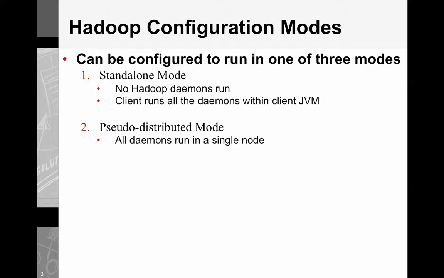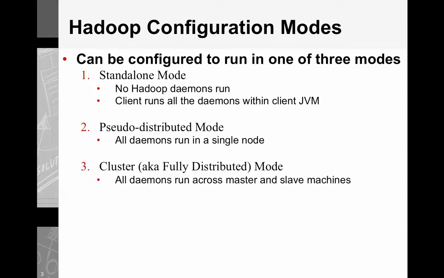The second mode is the pseudo-distributed mode, where all the daemons are running, but they are running in a single node. The advantage is you understand how the Hadoop architecture works and the interrelationship that exists between them. So it's a great learning tool.